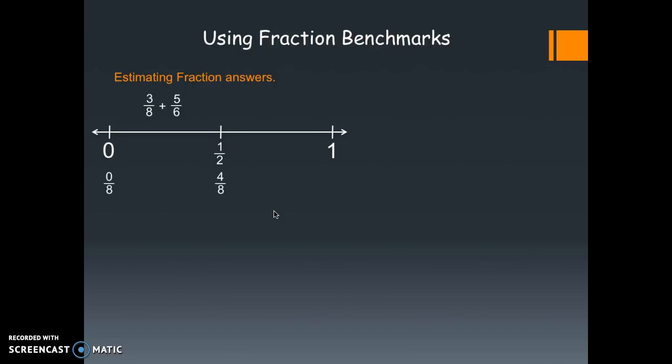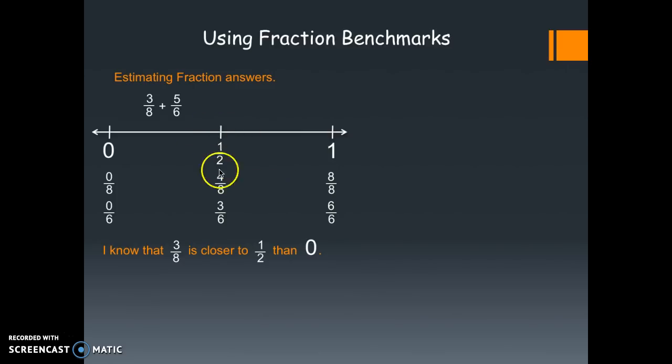So if we divide this number line again into eighths, and if we also think of it as sixths, we've got 0/6, 6/6 makes 1, and halfway is 3/6 because 3 is half of 6. So 3/8 is closest to 4/8. It's only 1 away. So 3/8 is closer to a half than it is to 0.